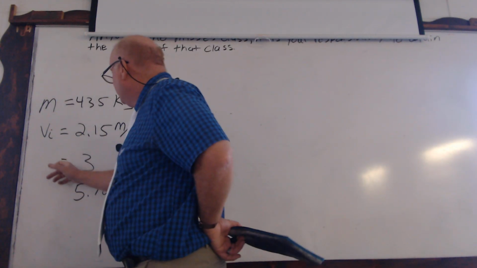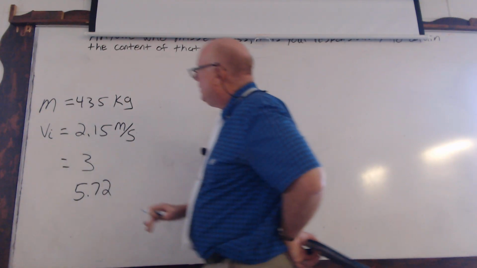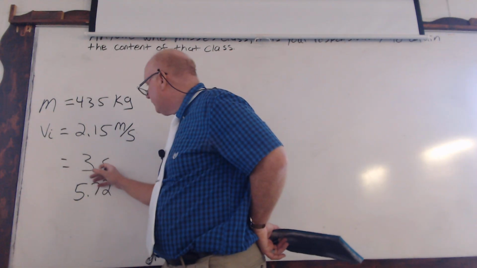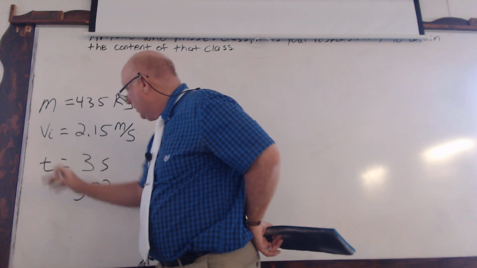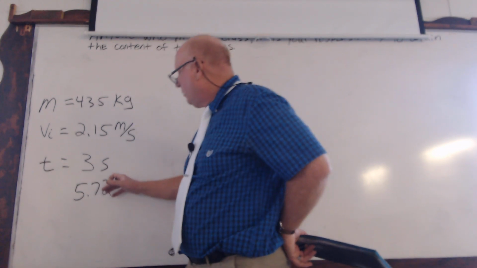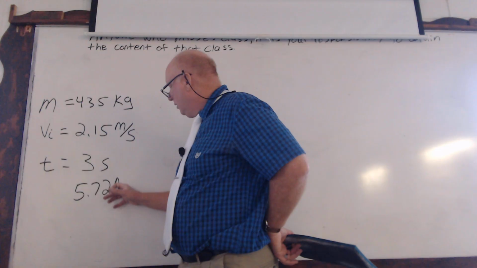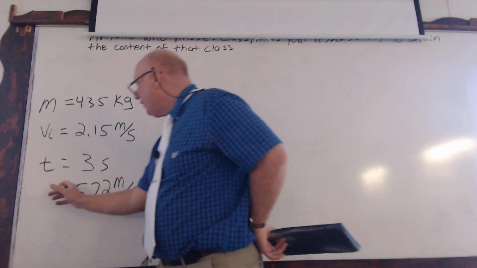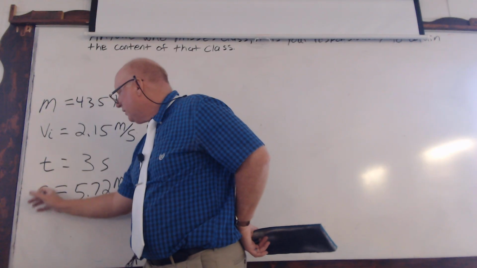And then this was probably time. It was what, 3 seconds? And then this 5.72 was labeled how? So when we're labeling it as meters per second squared, what variable is that? That's your acceleration.